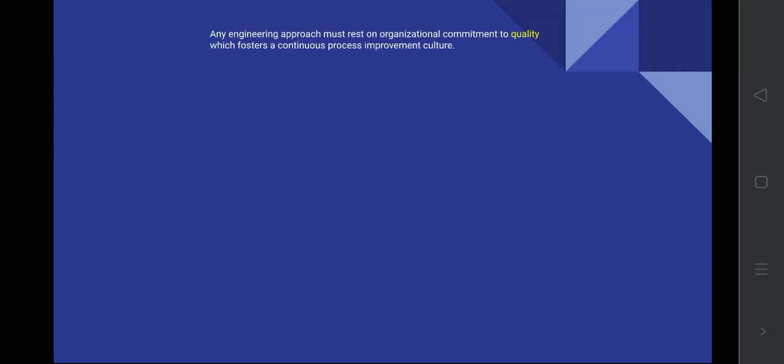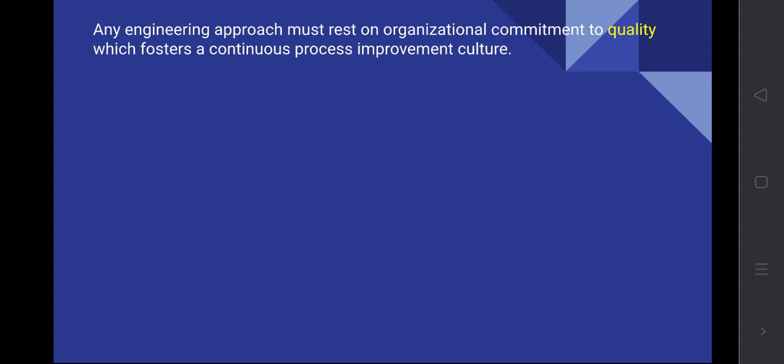Any engineering approach must rest on organizational commitment to quality, which fosters a continuous process improvement culture. When you develop any product or process, we are supposed to improve its quality by a continuous process. It is not a one-time process. It should be done in a continuous way in order to get improvement over the previous work done.